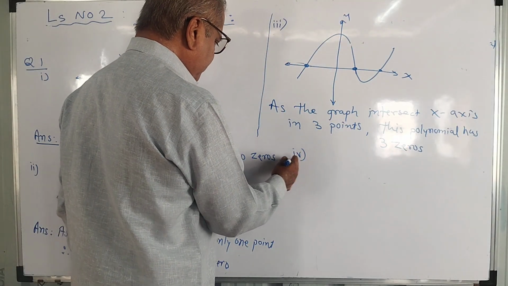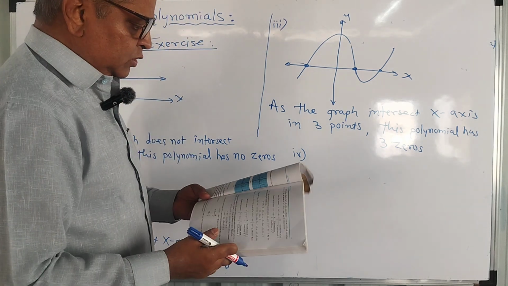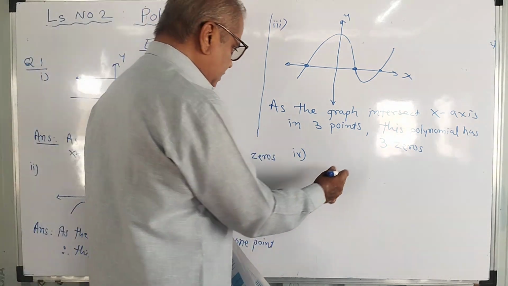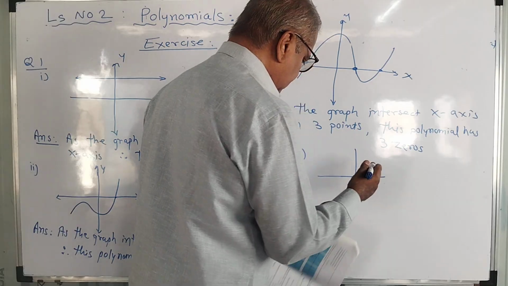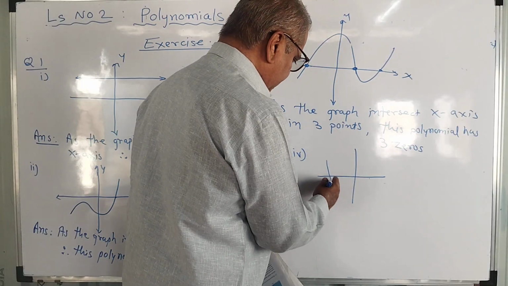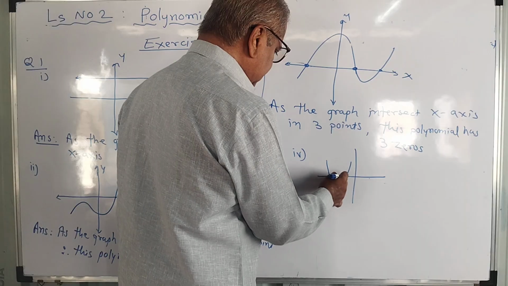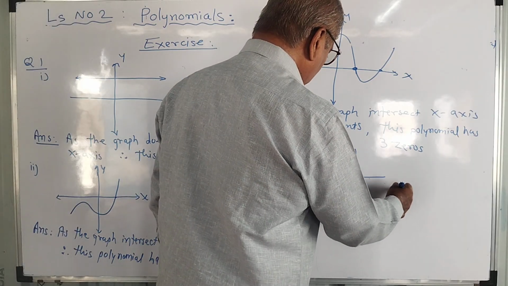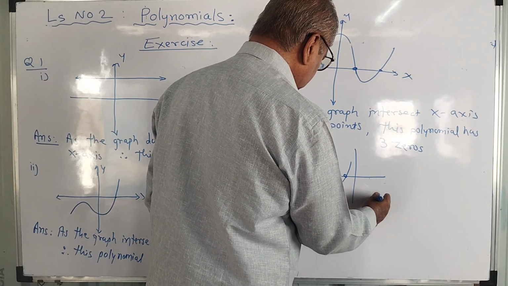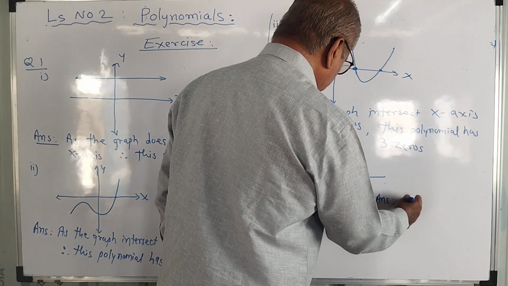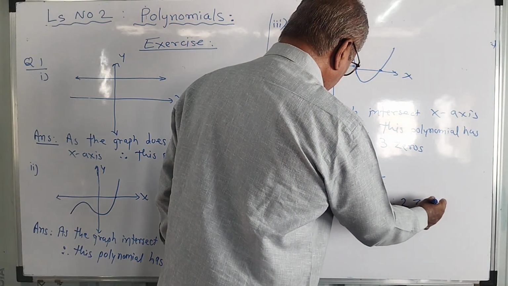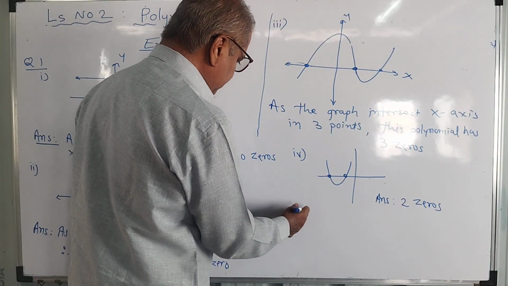Sub question 4. Now I will write only the number of zeros. This is like this. It is a parabola opening upward. Now this graph intersects the x-axis in 2 points. So the polynomial has how many zeros? 2 zeros. Fifth sub question.